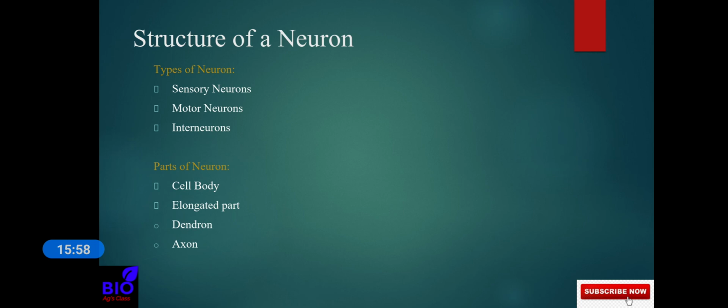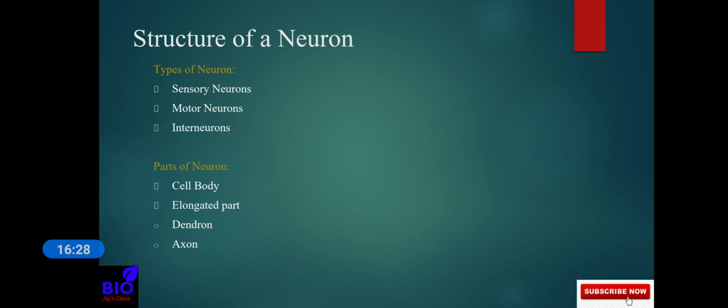So what is an axon? What is the function of an axon? An axon is a long tail-like structure that joins the cell body at a specialized junction called the axon hillock. Many axons are insulated with a fatty substance called myelin.